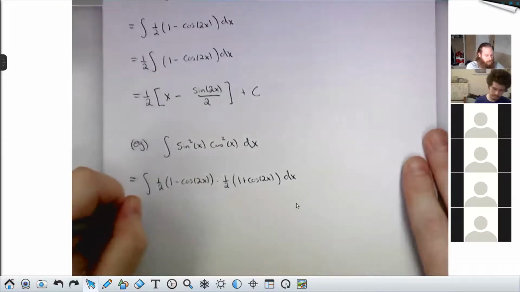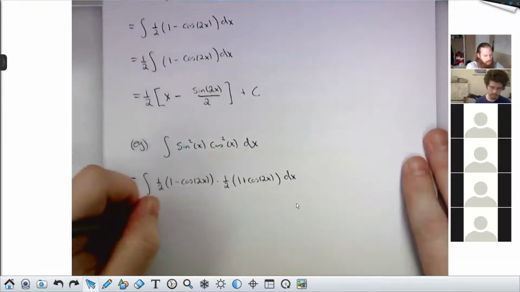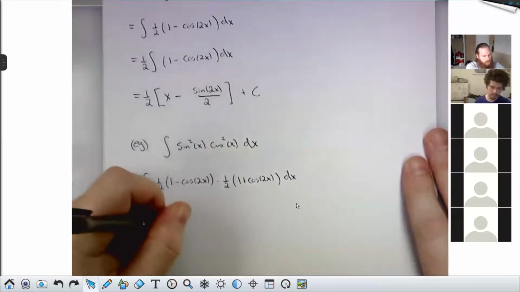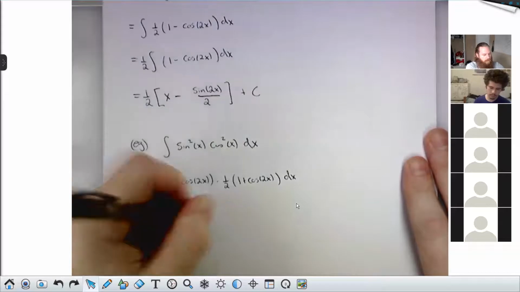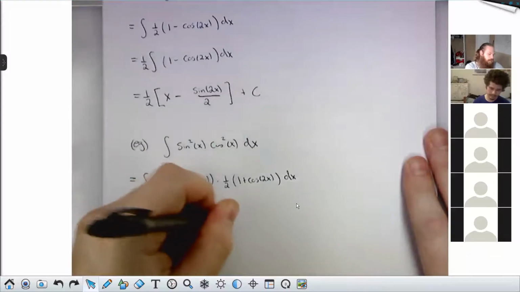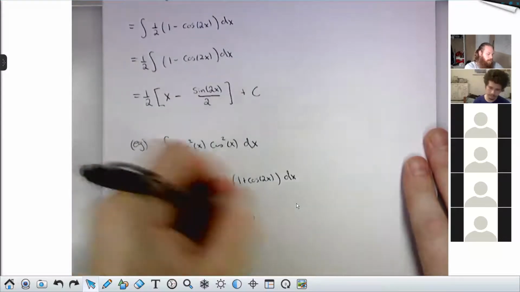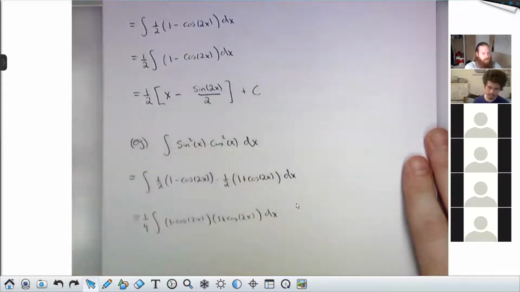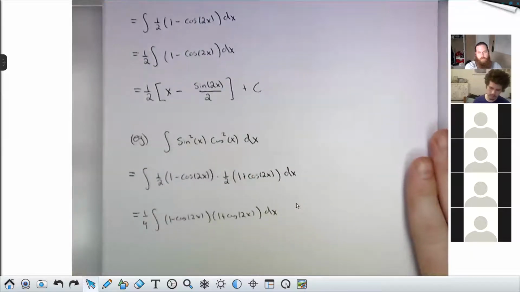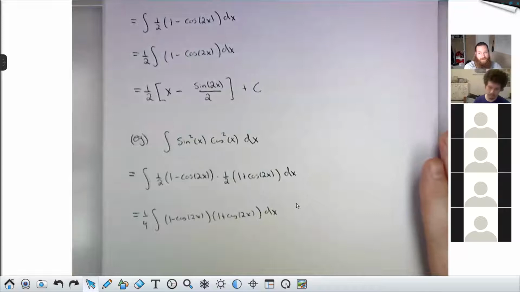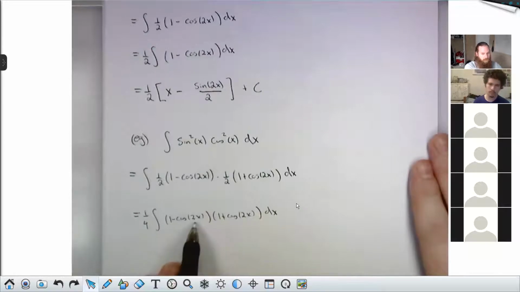The 1/2 times 1/2 can come out as a 1/4, and what's left inside is 1 minus cos 2x times 1 plus cos 2x. And I beg you, please be careful with your parentheses here. Parens can make all the difference when it comes to reading these and actually telling what's going on. So please put the inside of your trigs in parentheses, like the 2x here.